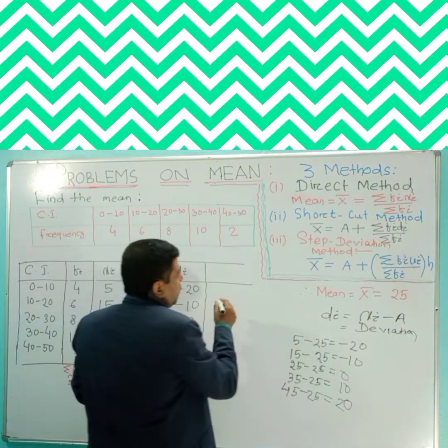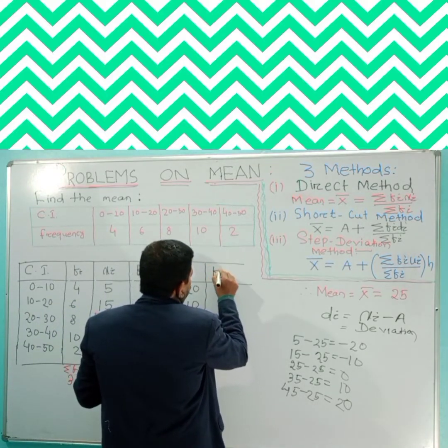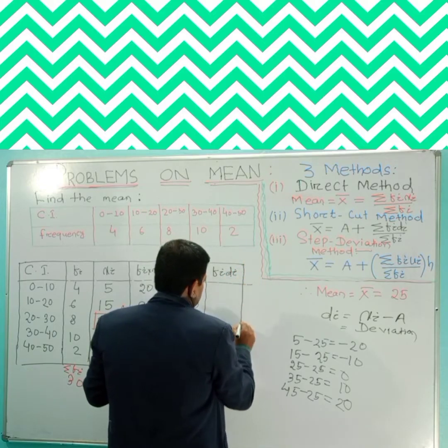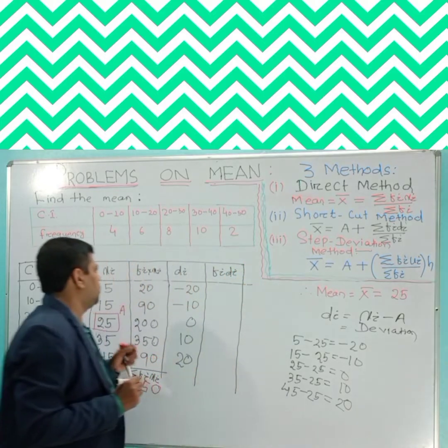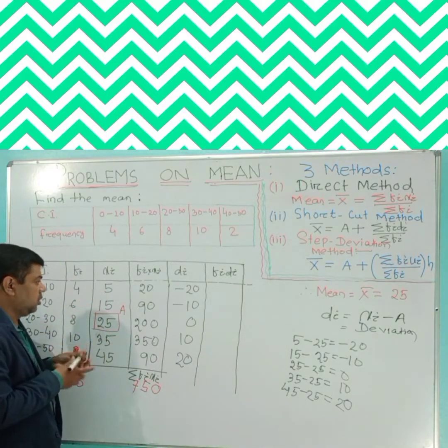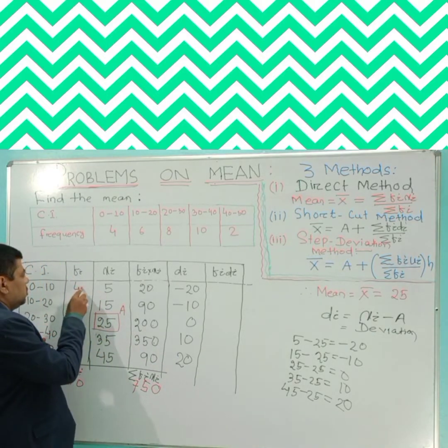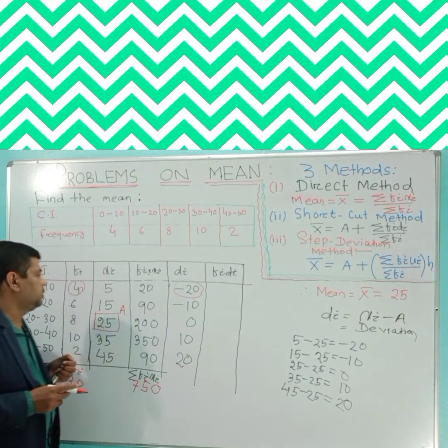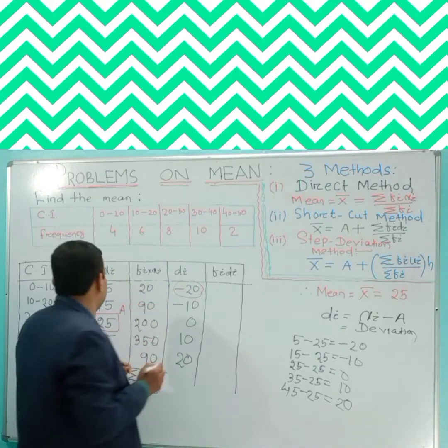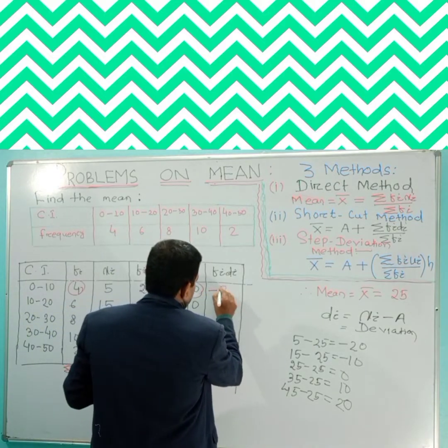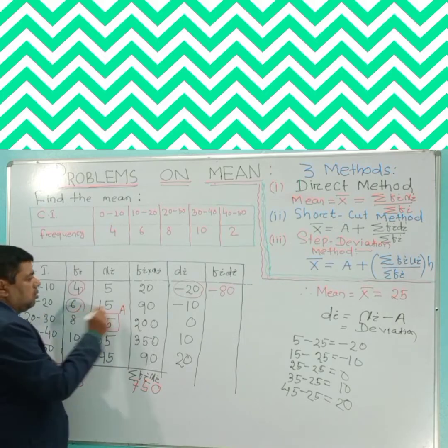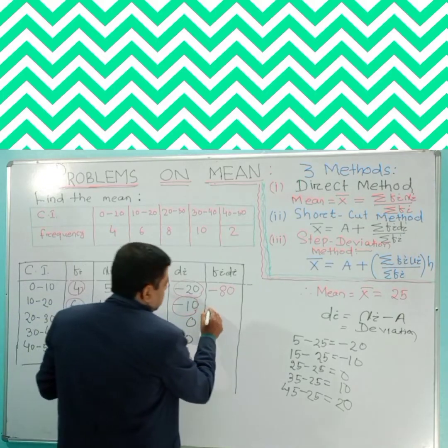After that you find out fi di. You have to multiply the frequency by di. You see 4 multiplied by minus 20 is minus 80. Similarly, multiply 6 into minus 10, which is minus 60.